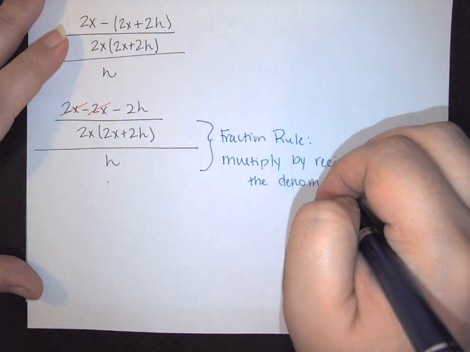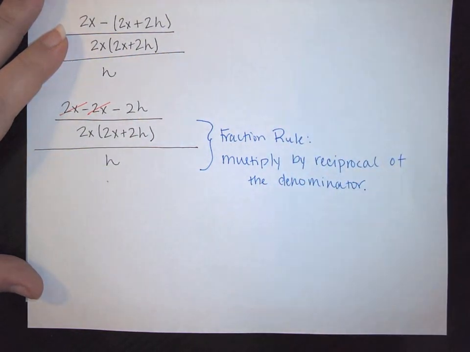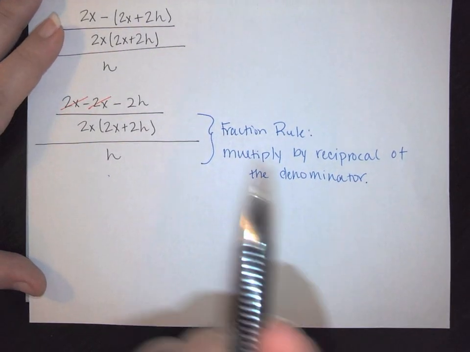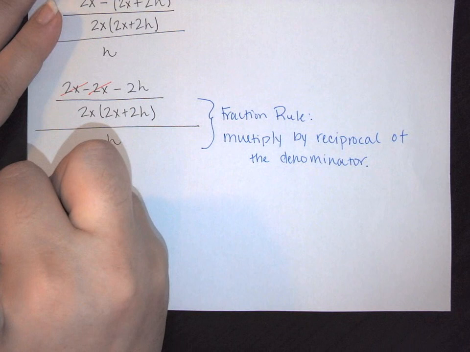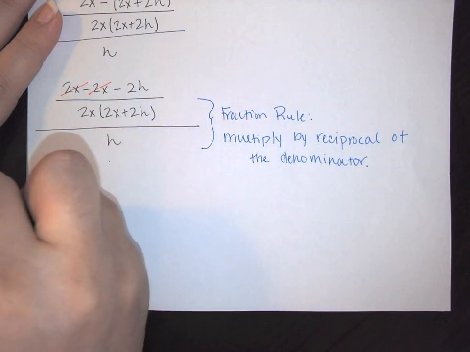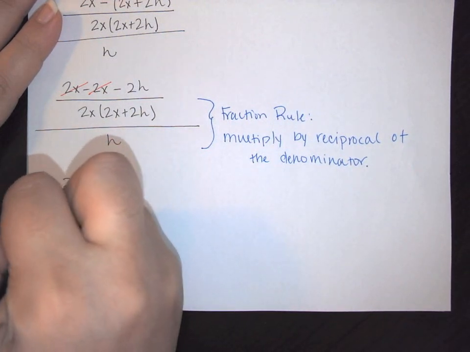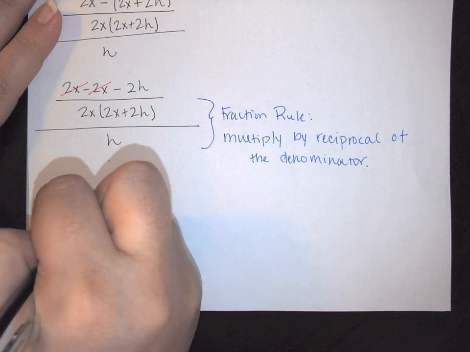So we're going to go ahead and rewrite this into a multiplication problem. So we have negative 2h over 2x times the 2x plus 2h, and we're going to multiply this by 1 over h.